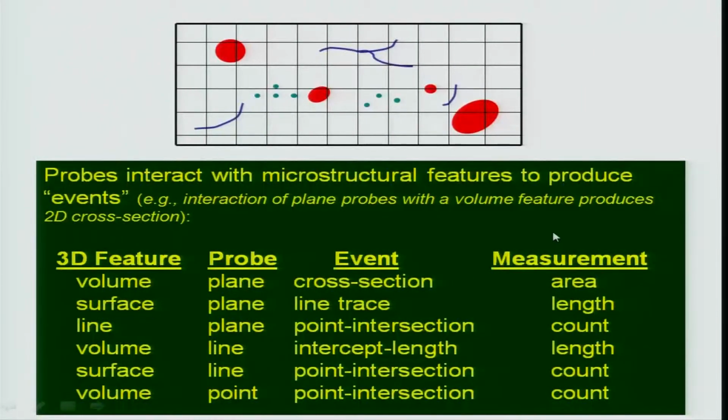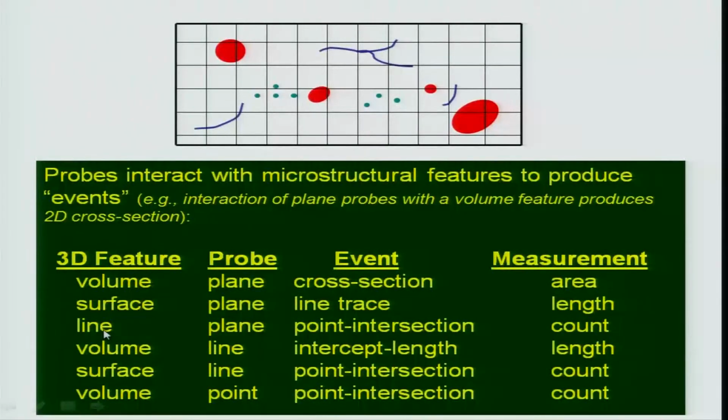One of the measurements I can make on this, among many others, is the area of these cross sections. A surface feature in the 3-dimensional structure intersected by a plane probe produces a line trace. Well, I can measure the length of these lines as a measurement.